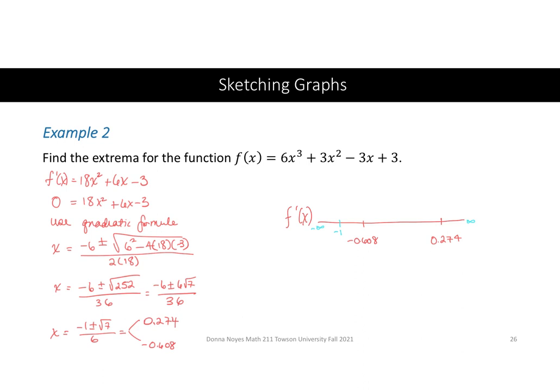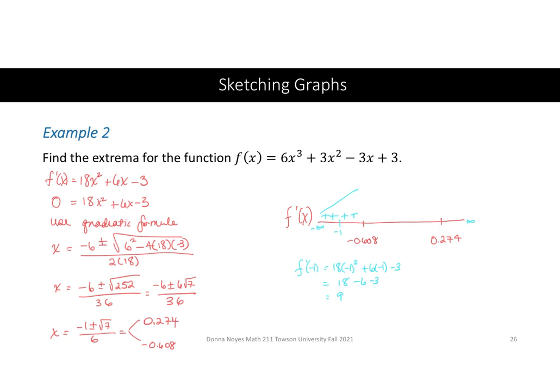So if we test negative 1, let's see what f prime of negative 1 looks like. Well, that would be 18 times negative 1 squared plus 6 times negative 1 minus 3, which is 18 minus 6 minus 3. So 18 minus 9 is 9. That means my function is increasing over that interval.